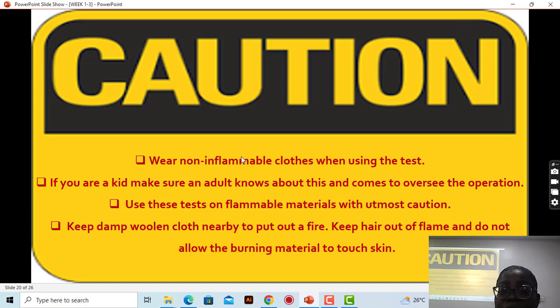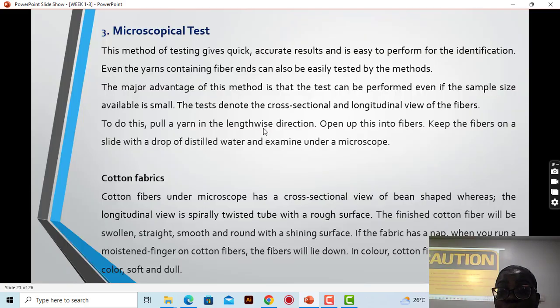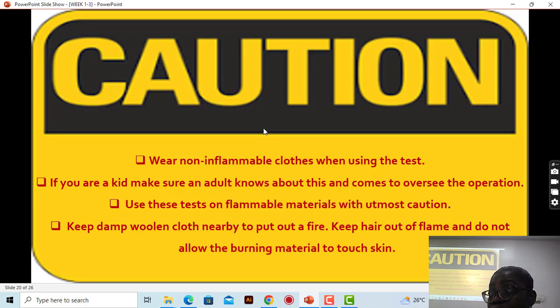So it means you can have your normal clothes on, but even if it is an overcoat, which is fireproof, you have to wear it, in case the fire spreads mistakenly. It will not catch whatever clothes you wear. However, maybe that day you are wearing silk, so the overcoat will help you, because it is not inflammable.